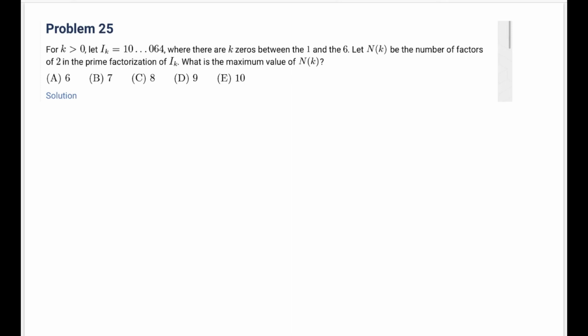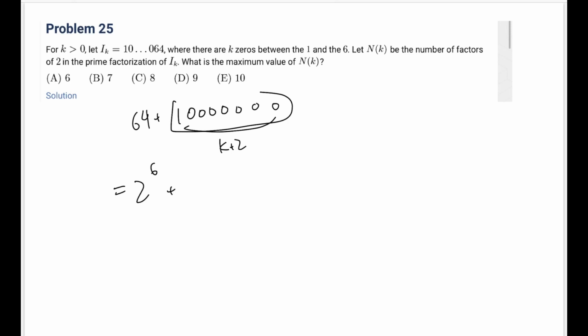So first, let's separate this into 64 plus 1, 0, 0, 0, 0, however many zeros there will be, so that there will be k plus 2 zeros, right? And 64, as we all know, is 2 to the 6th power, and this much would be 2 to the k plus 2nd power times 5 to the k plus 2nd power, right?